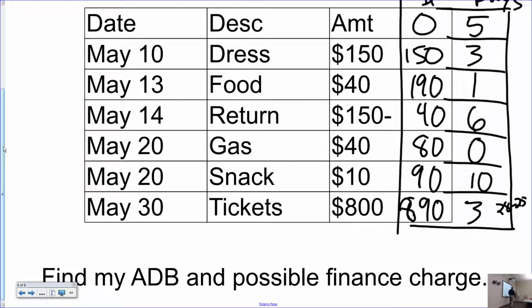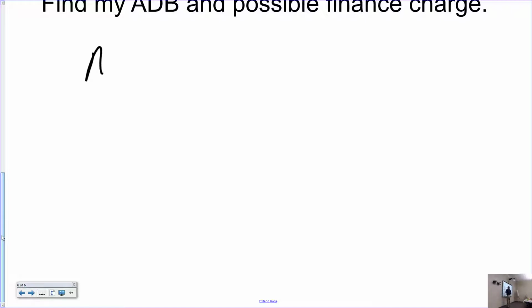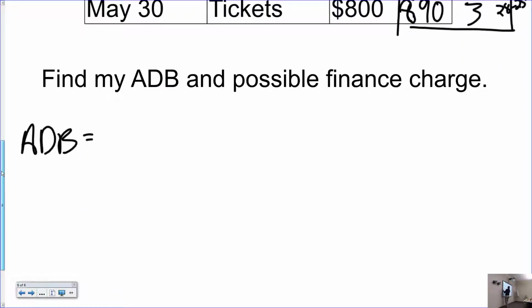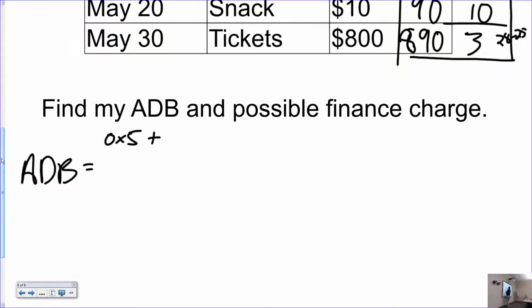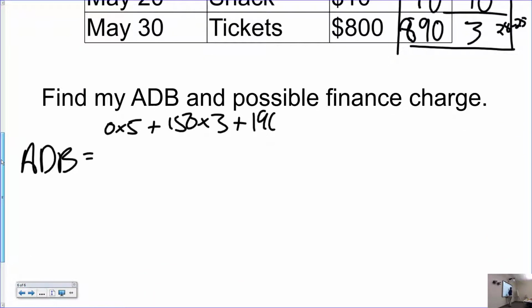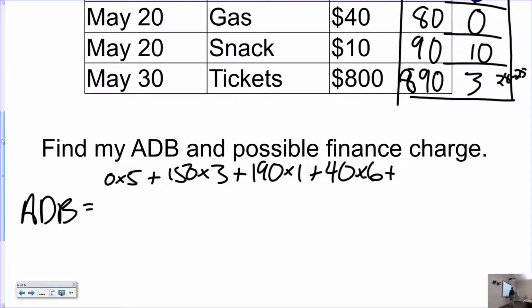So then if you want to figure out what the ADB is for this one, I need more room. Again, it's not like anything has changed, it's just that there are now perhaps a few more numbers. So 0 times 5 plus 150 times 3 plus 190 times 1 plus 40 times 6 plus, what's that next one? 80 times 0.